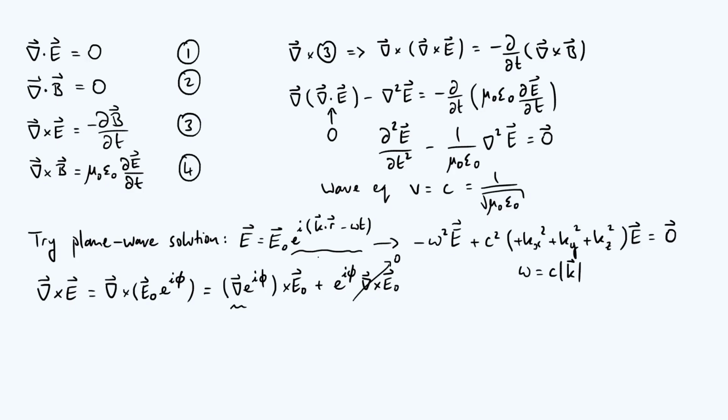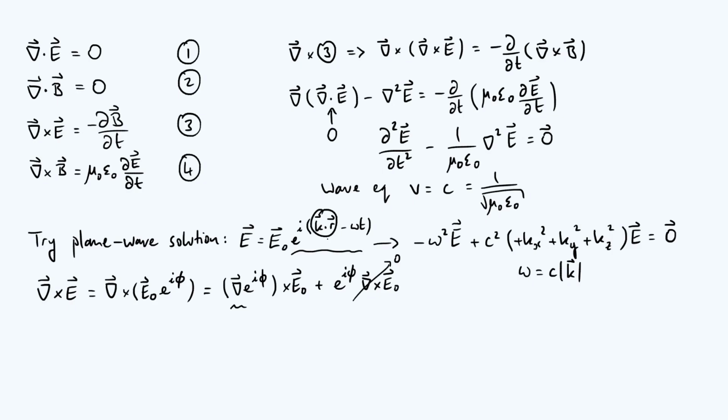When we differentiate e to the I phi with respect to x, because of this dot product, the coefficient of x will be the x component of the wave vector k. And so the x component of the gradient vector will basically just multiply your original scalar by I times kx. And you can make the same argument for the y and z components, right?